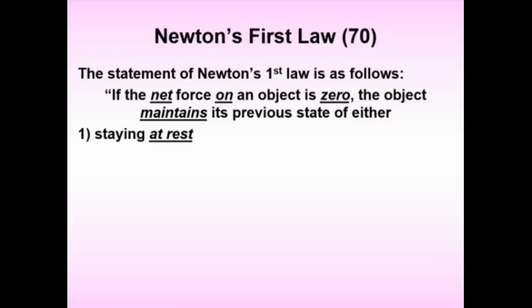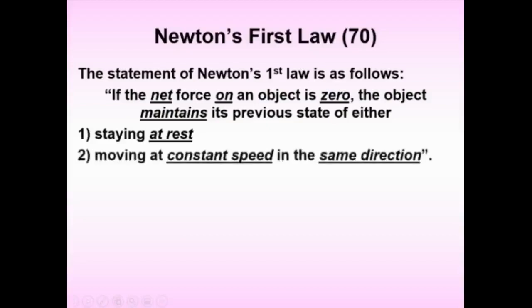The second possibility is moving at constant speed in a constant direction. Any object with a net force of zero on it is either going to stay at rest or cruise along the same direction. Always. There's no other choice for what the object's state could be if the net force on it is a perfect zero.